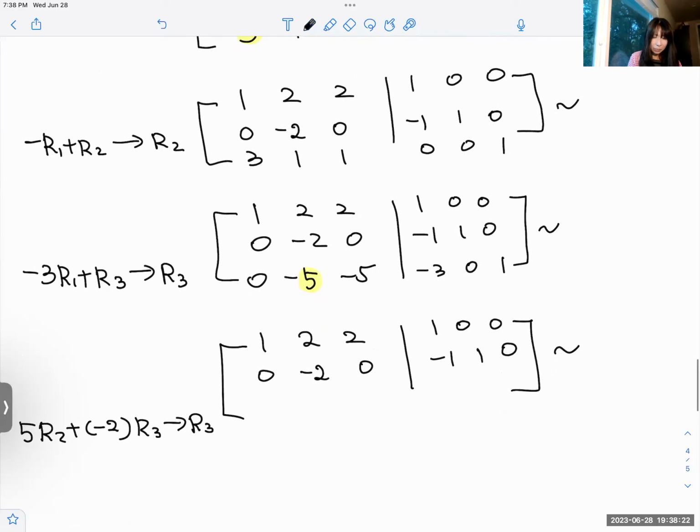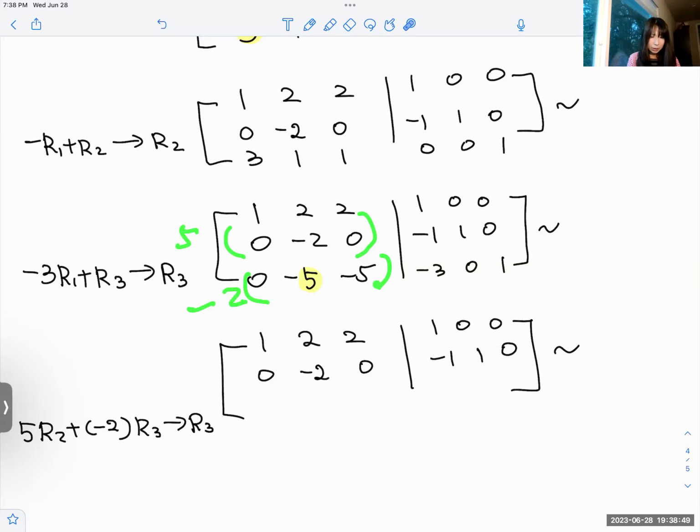Okay, now we want to make a 0, so 5 times R2 -2. Okay, so that is 0 for the first one, 0 for the second one.